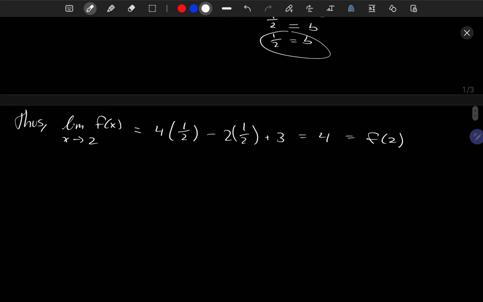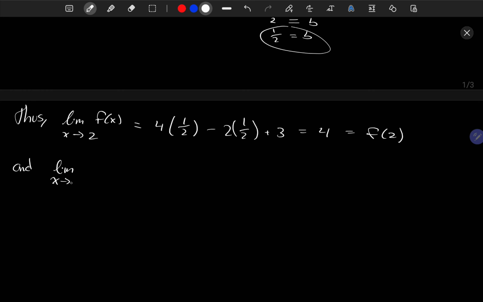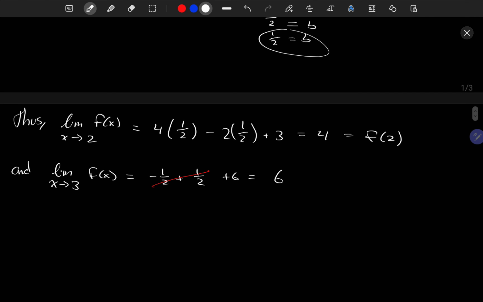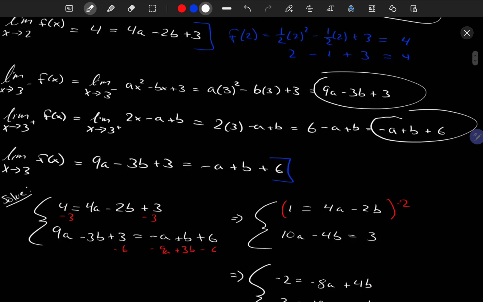So, let's keep going. And the limit as x approaches 3 of f of x equals negative 1/2 plus 1/2 plus 6 equals 6. Negative 1/2 plus 1/2 gives you 0. So it just equals 6, which also equals f of 3.